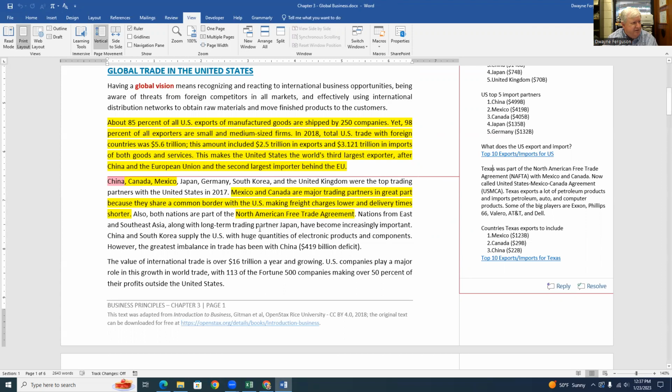So anyway, in this chapter, in my notes, it talks about the North American Free Trade Agreement. NAFTA is no longer. So again, when President Trump came in, one of the things he wanted to do was to make trading more equal between the countries. So he scrapped NAFTA.